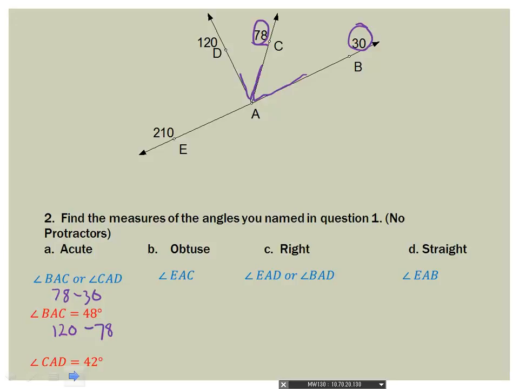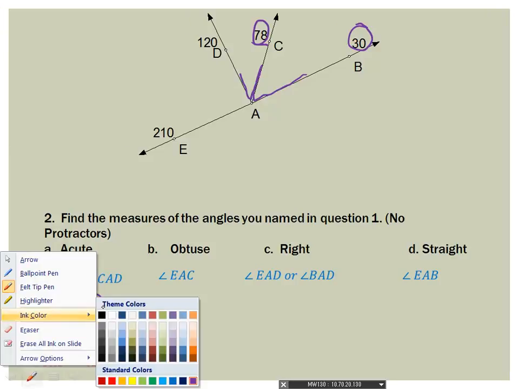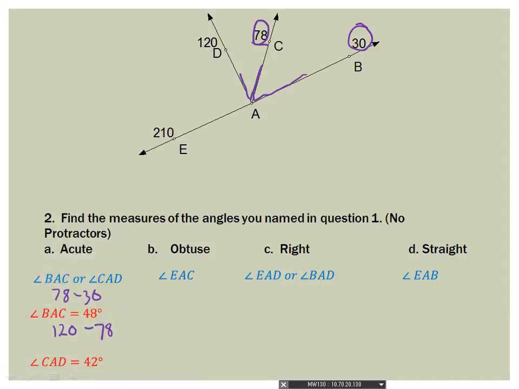All right. So EAC, let's get a different color going here so we can distinguish. EAC, that's in green here. That's our obtuse angle. What are the coordinates? 210 and 78. So 210 minus 78. 132 degrees.